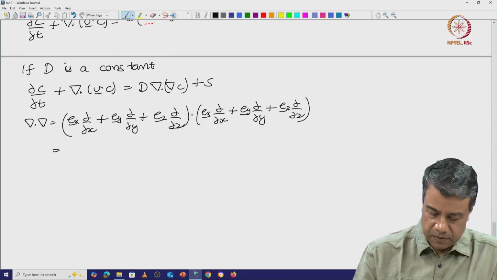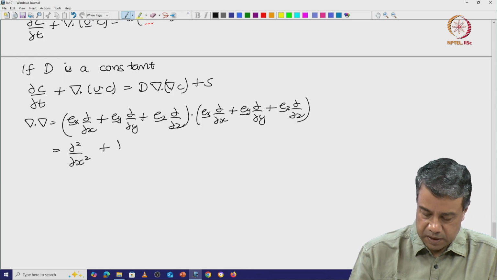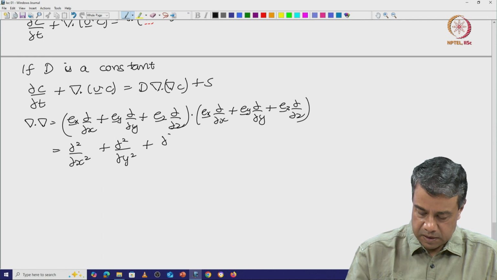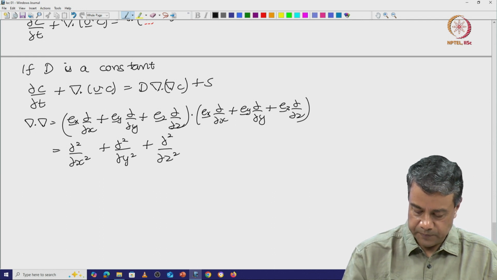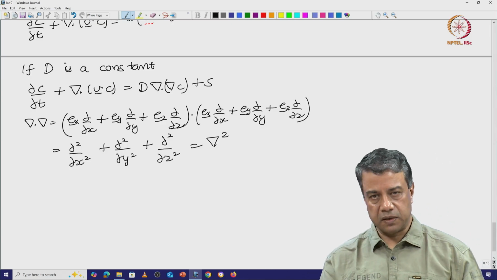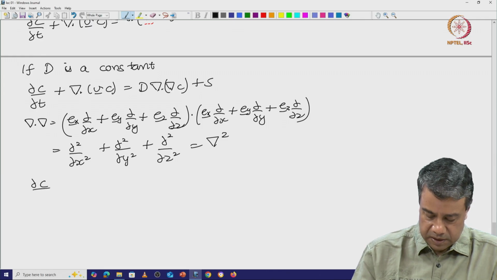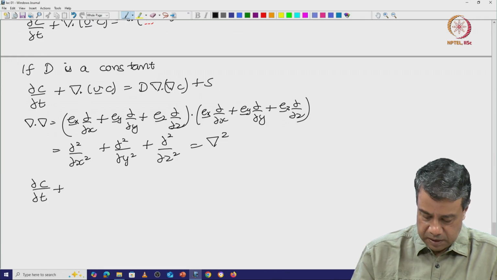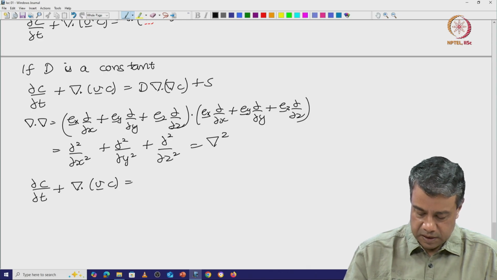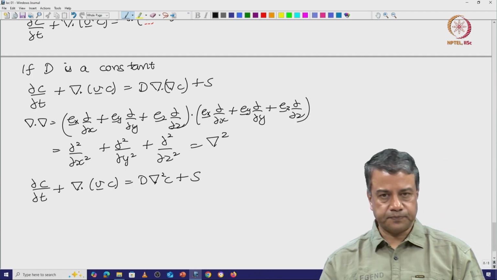So, this just gives you partial square by partial x square plus partial square by partial y square plus partial square by partial z square. This is typically written as del square, del dot del. Therefore, the conservation equation is partial C by partial t plus the divergence of V times C is equal to d del square C plus S.